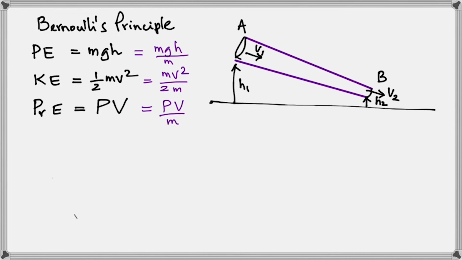You're trying to standardize them. That gives us new formulas. This becomes gh, and this becomes v squared by 2. What does this become? Anybody?